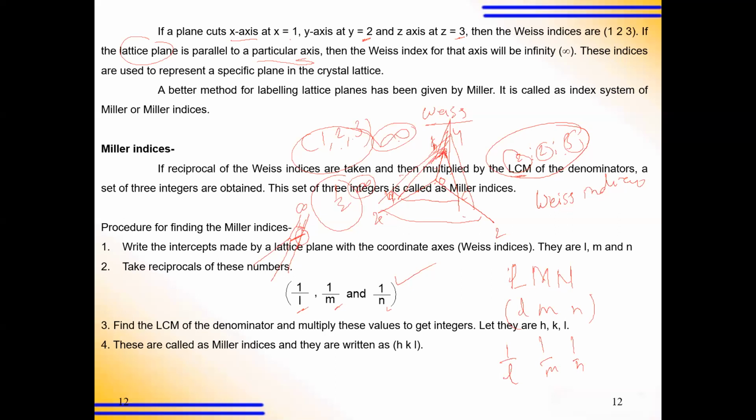So this HKL, these are called as the Miller indices. तो काय असणार आहे तुमचा Miller indices and they are written as HKL. त्यालाच आपण HKL. So this is the simple procedure. म्हणजे एक तर प्रोसिजर तुम्ही काय करू शकता की त्याला write the Weiss indices.